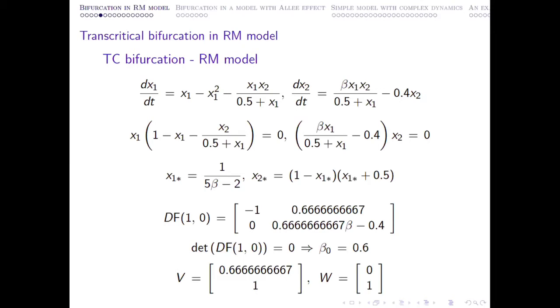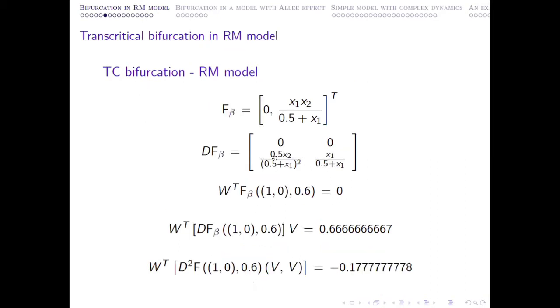Results will not be affected, because we are mainly concerned with whether some quantities are equal to 0 or not equal to 0. Their magnitude does not play any role in determining the appropriate bifurcation scenario. So if you consider some scalar multiple of this vector, that will not alter your final result.